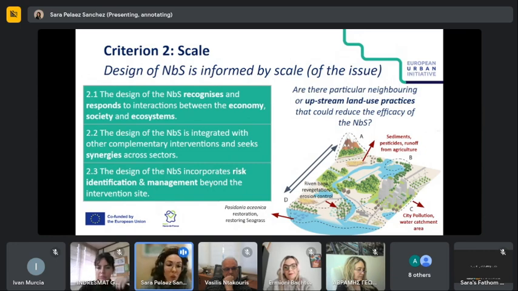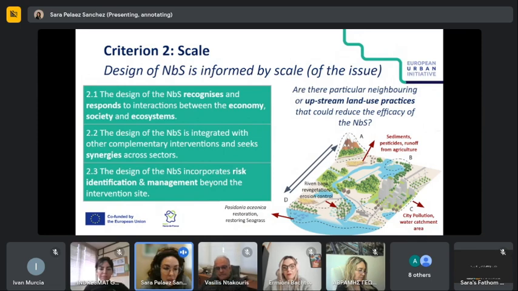If you don't do that, you might have the water tank overflow after a big event, because Lorca is very prone to these flash floods. So you need to look at these indicators too.